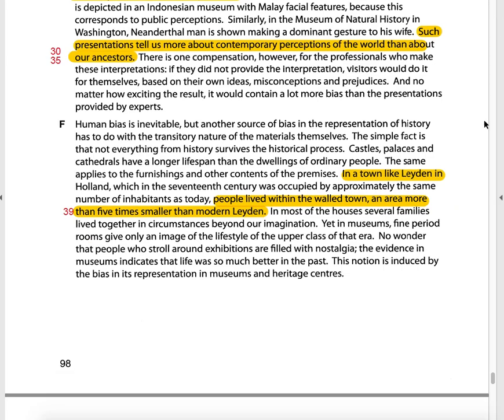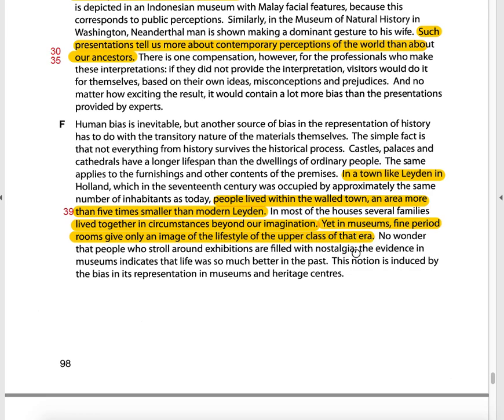So it's saying here that people lived in the past together in circumstances beyond our imagination. So we can't imagine it. It's beyond us. Yet museums, fine period rooms, give only an image of the lifestyle of the upper class of the era. So they only give us a little image.